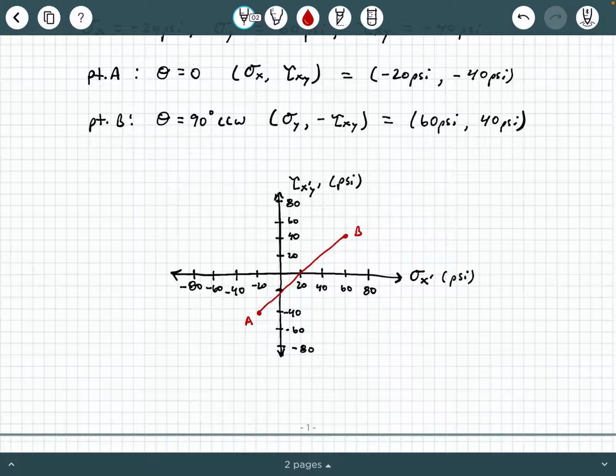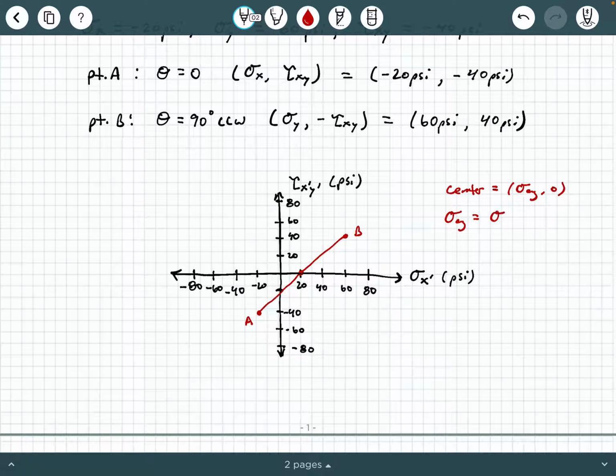Now, if you draw this really nicely to scale on your paper, you'll find graphically that the center of the circle is right here at 20 psi. But if you want to calculate that and show that in calculation form, we can say that the center is equal to sigma average comma 0. And what is sigma average?